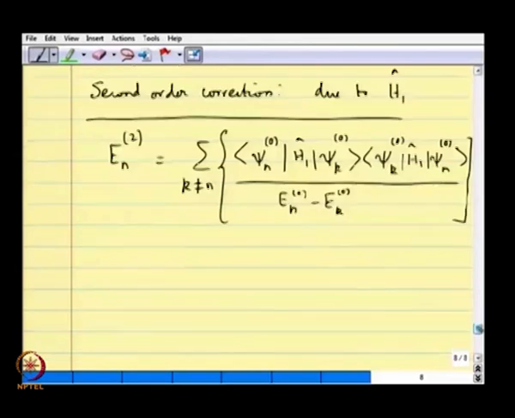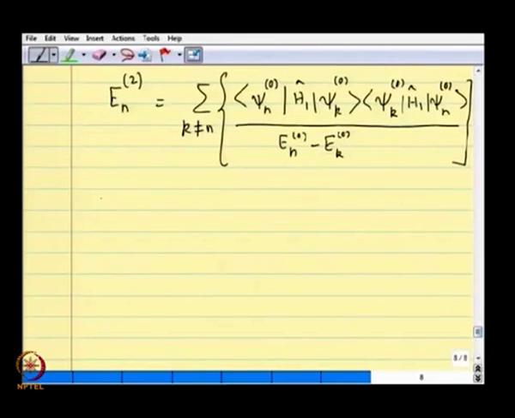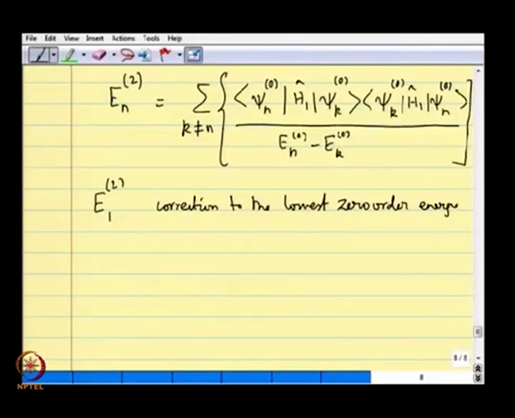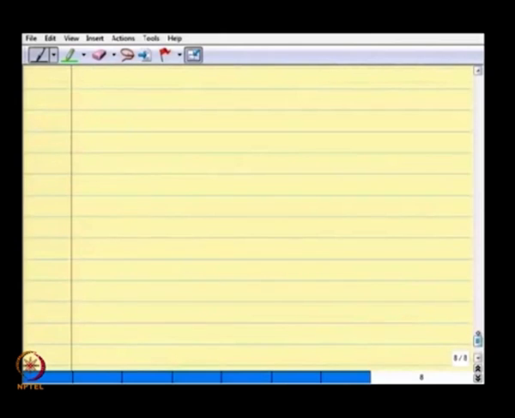Now, let us just do as a simple matter E 1 2, that is the correction to the lowest zero order energy. The picture that you have to have in mind is the particle in a box has these energies: n1 square, so this is 1 times the unit h square by 8 m L square.